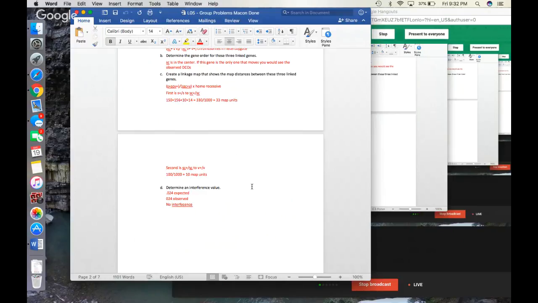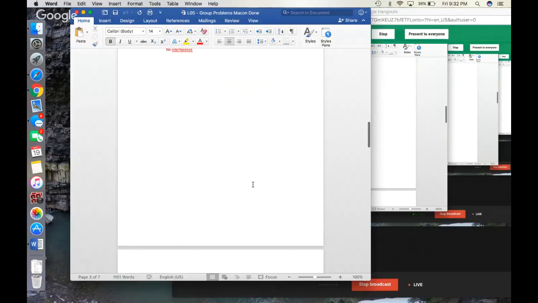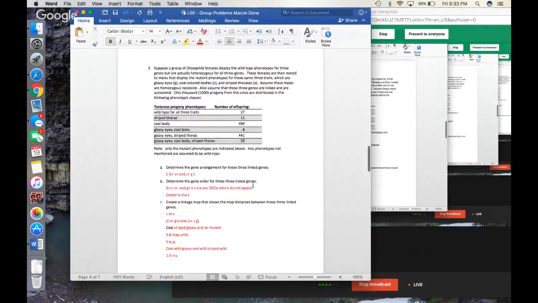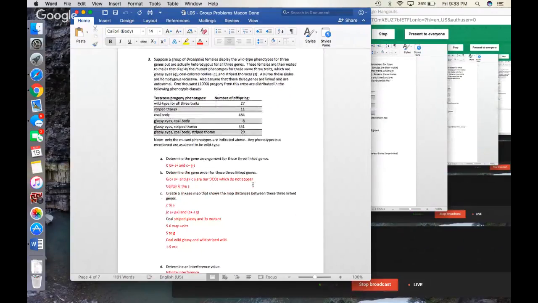That gives us 0.808. Then we put the 0.808 in our I equation, 1 minus 0.808, and we get a 24% positive interference there.